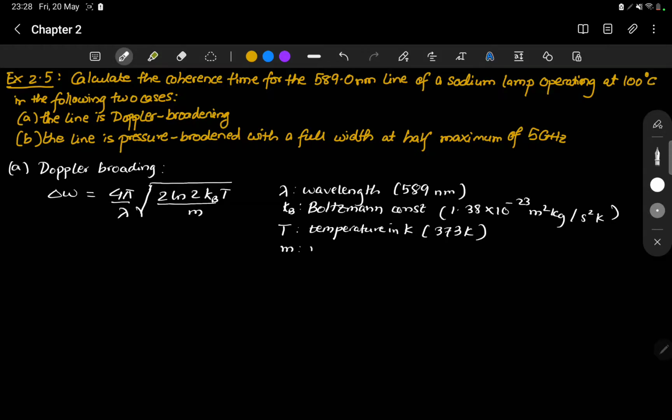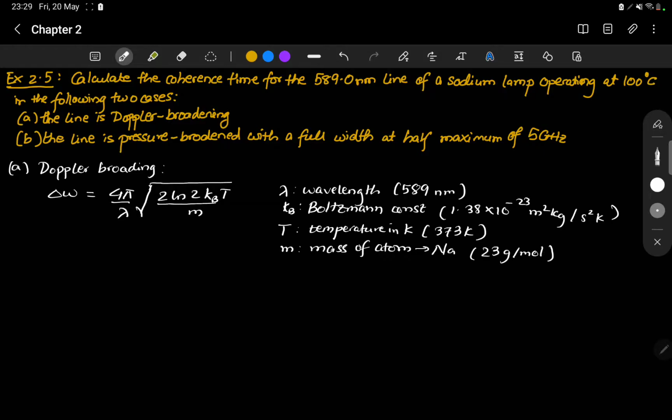M is the mass of the atom, and the atom in our case is sodium. So the mass of a sodium atom is roughly 23 grams per mole.